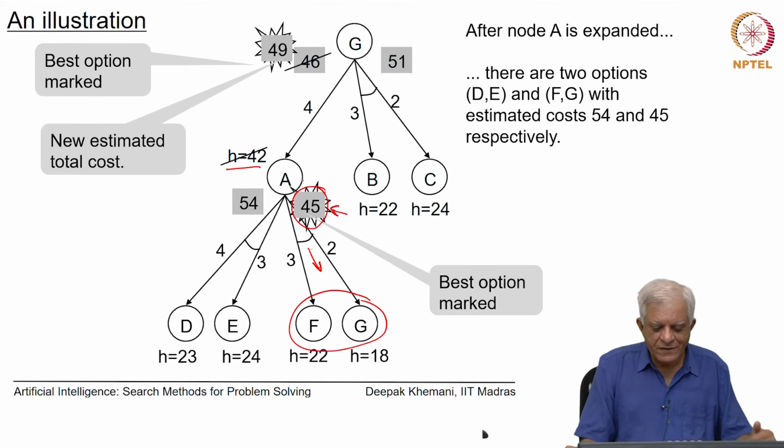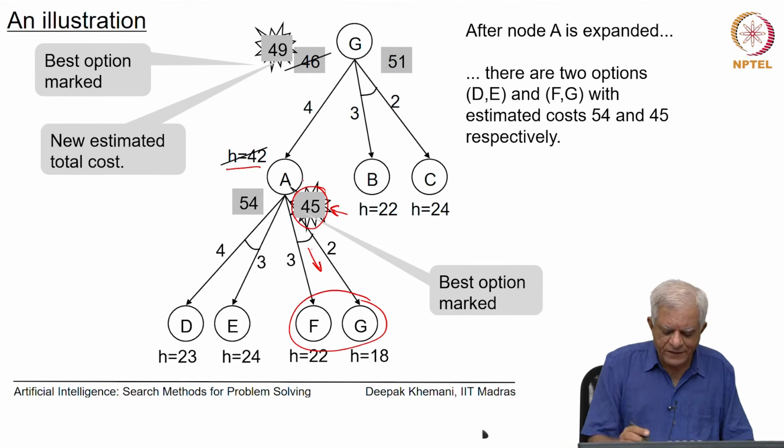Now, it is possible, for example, if instead of 18, let us say for the sake of argument, this was 22. So, this is plus 4, right.